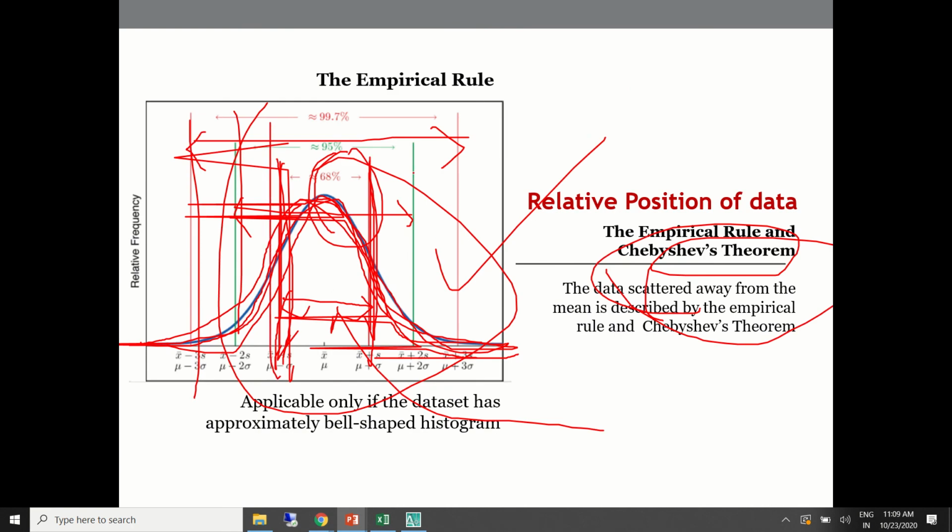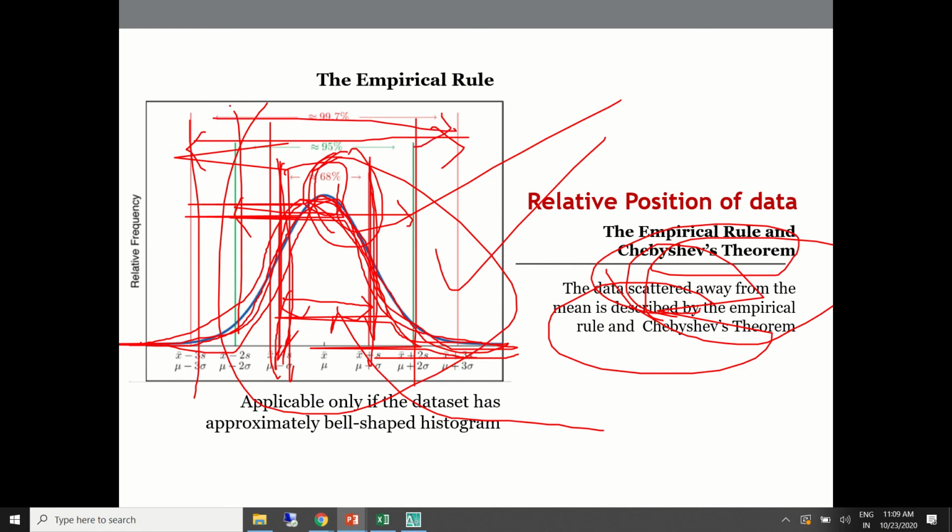It can also be further understood by the theorem, for example Chebyshev's theorem, which says that the major part of the data set falls within 68%, and most of the data set should fall within 99% of the data set.